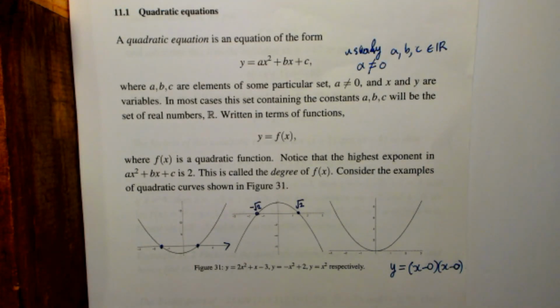Now the fundamental theorem of algebra says that the number of roots, provided we're willing to accept repeated roots and complex numbers, as in not real numbers, is equal to the degree. So our quadratics will always have 2 roots, provided we're willing to accept duplicates as 2, and provided we're willing to accept non-real numbers.